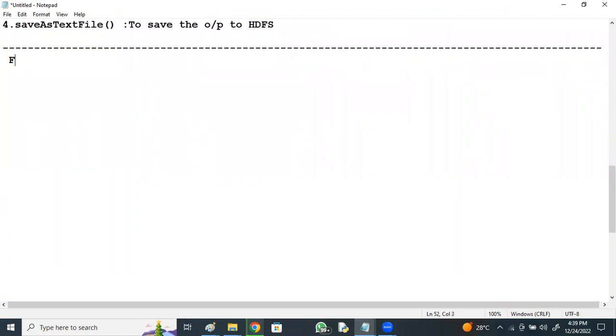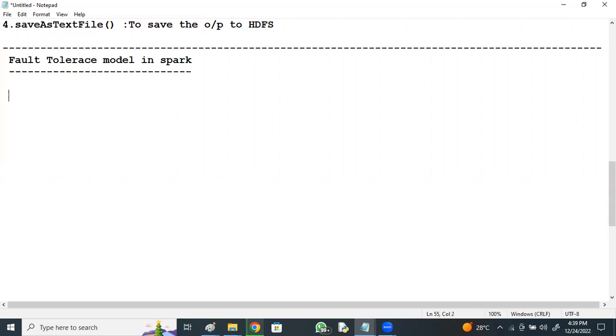Fault tolerance model in Spark, right? Yes.